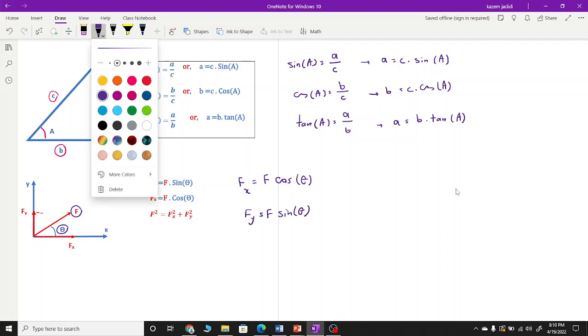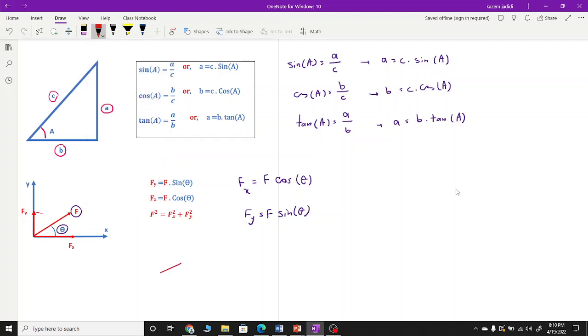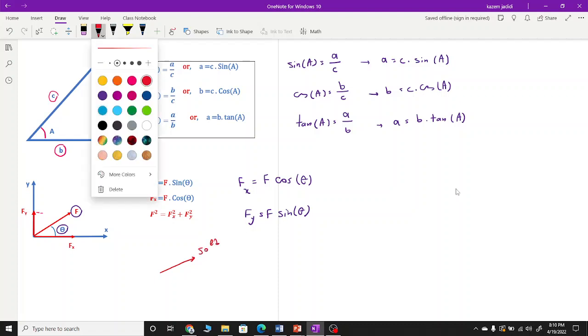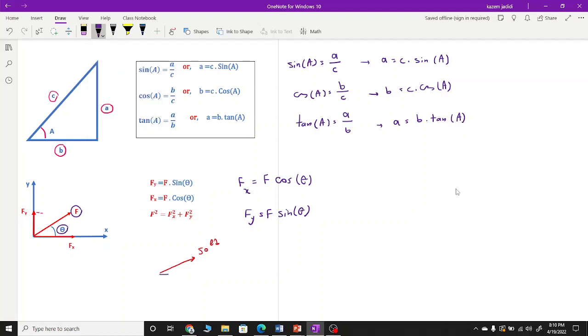Let's solve a very quick example. Let's say that we have a force that is 50 pounds, and our x and y are shown. So this is our x, this is our y, and this angle is, let's say, 30 degrees.